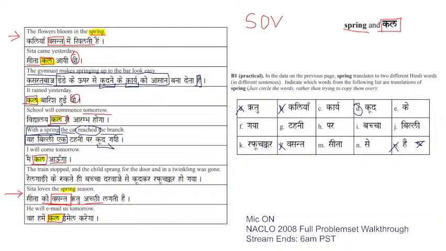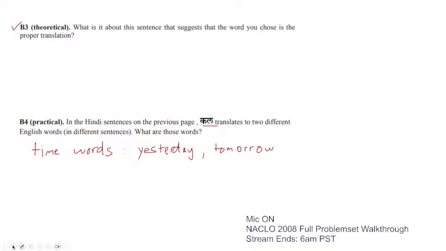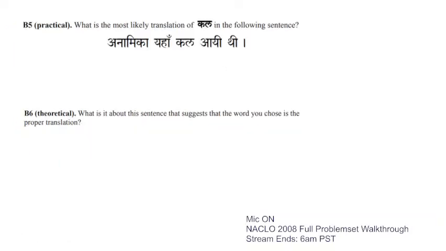I'm looking at the wrong sentence. Oops. I think we'll look at the other sentence and see if there's this past tense indicator that we're guessing is there. Yes. So I'm gonna say this is yesterday.